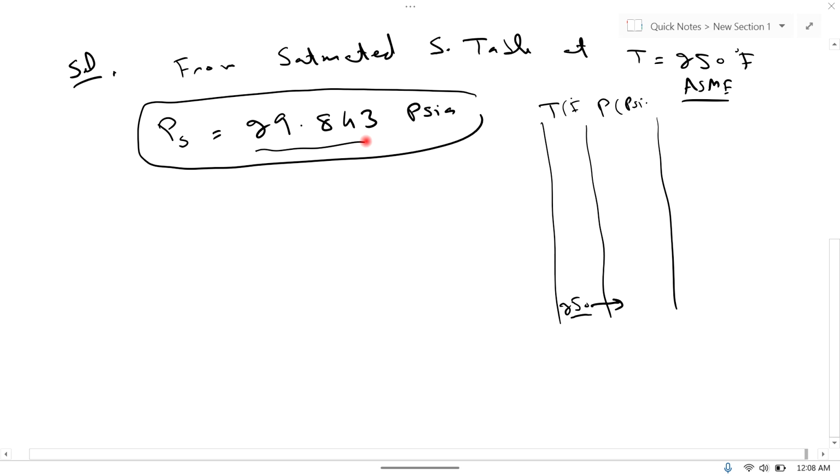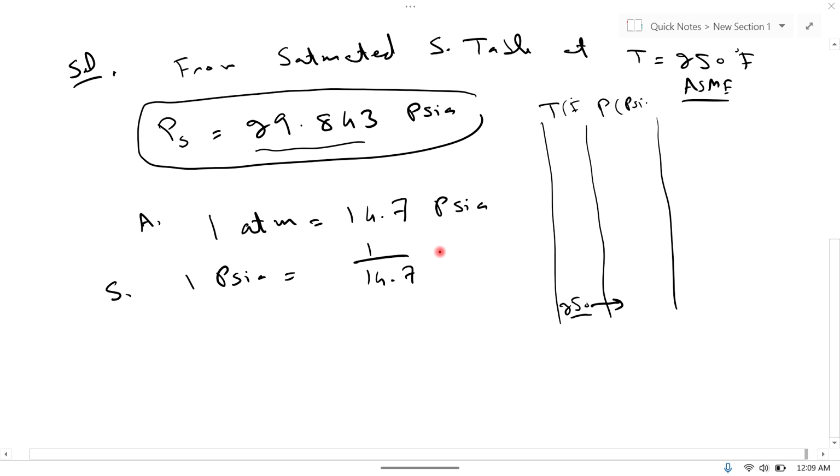Now convert this pressure in psia into atmospheric pressure. As we know, 1 atm is equal to 14.7 psia. So it means that 1 psia is equal to 1 divided by 14.7 atm. The atm is a bigger unit as compared to psia.